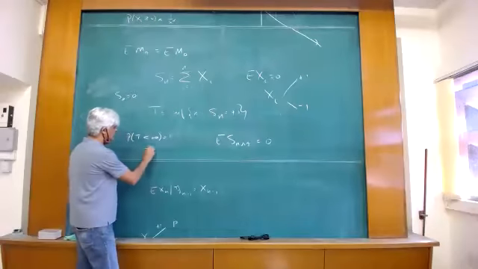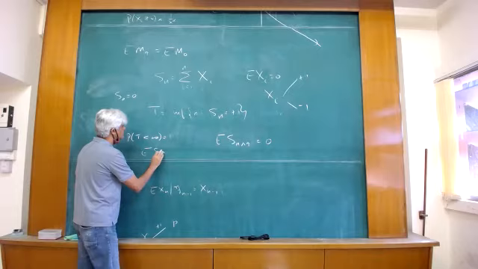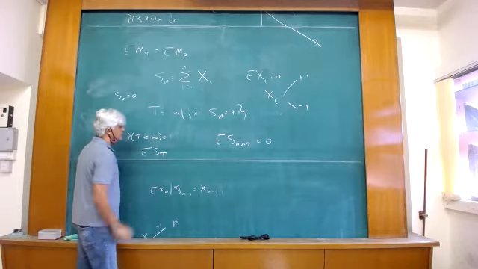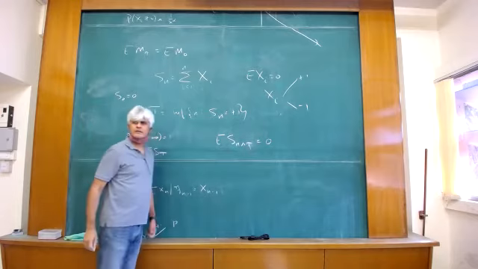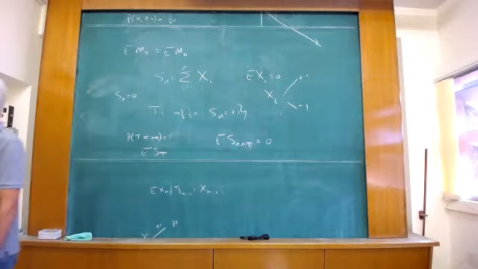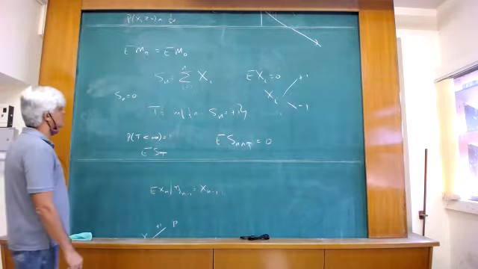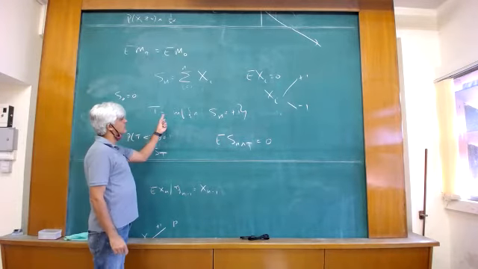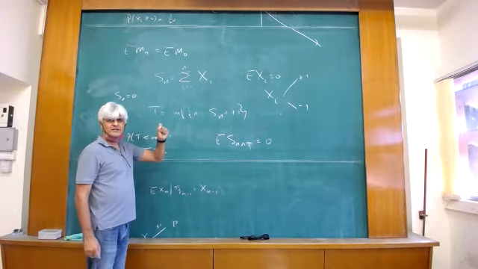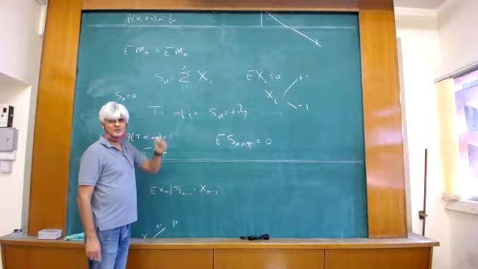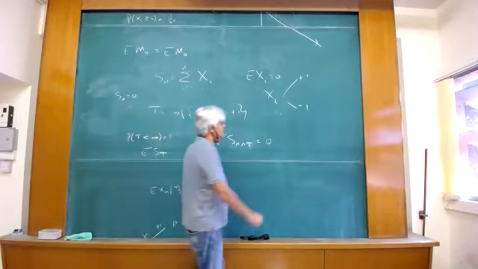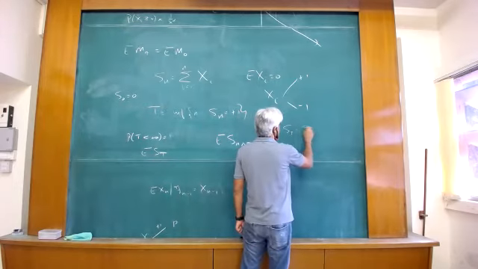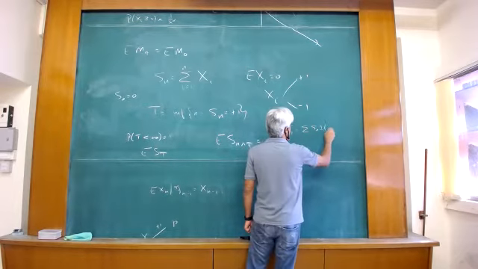Then what can we say about E of S tau? You stop exactly when your Sn is equal to 1. So your S tau is equal to 1. S tau is equal to summation of Sn times the indicator that tau equals n.